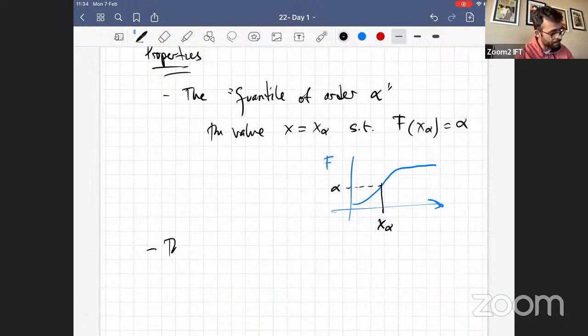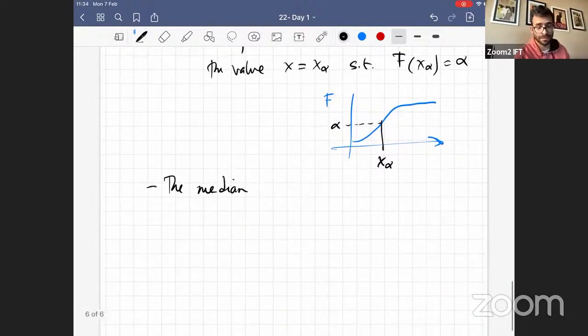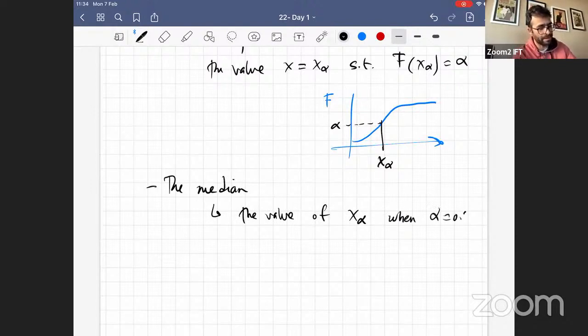And the median is another useful property. The median is just the quantile when alpha is 0.5. Okay.